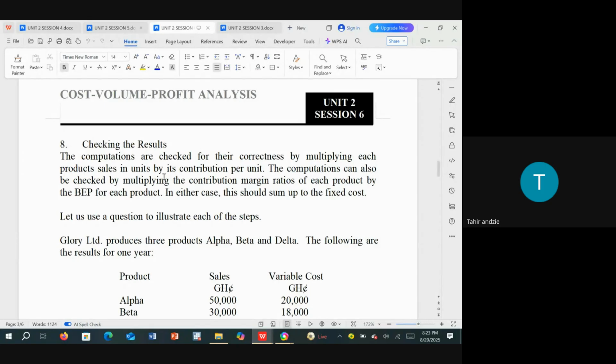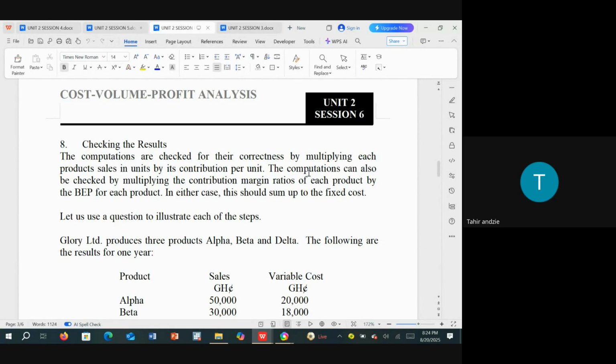The computation is checked for its correctness by multiplying each product sales in units by its contribution per unit.